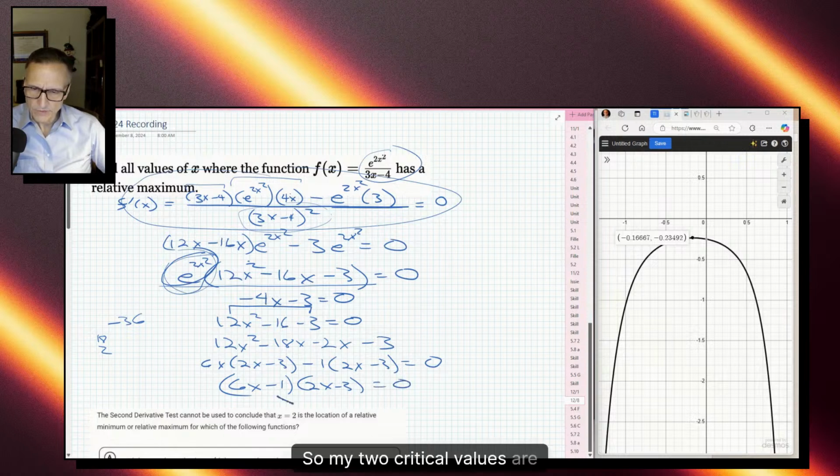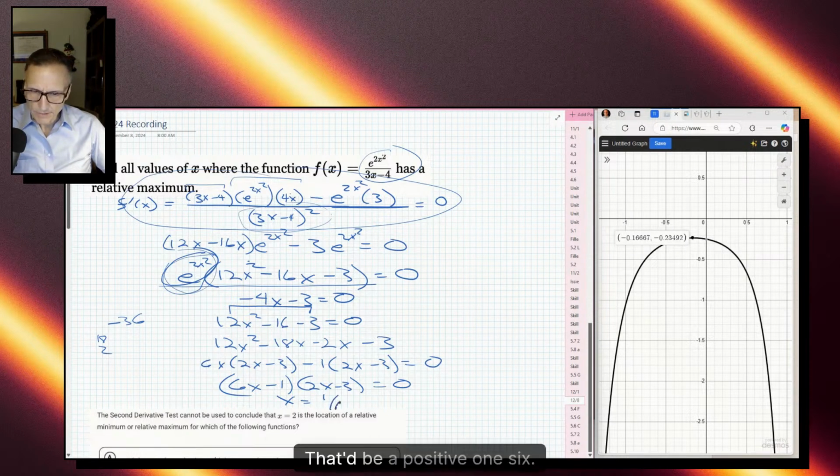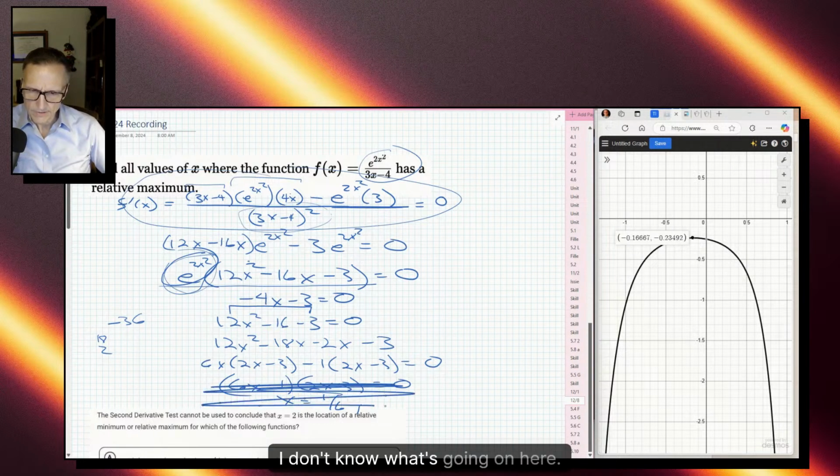So my two critical values are, did I get that right? That still doesn't jive with this over here. No, that does jive, because that would be, no, it still doesn't. That'd be a positive 1/6. Let's see. So if I pull the 6x out of that, 2x minus 3, pulling the minus, okay, something's, I don't know what's going on here.